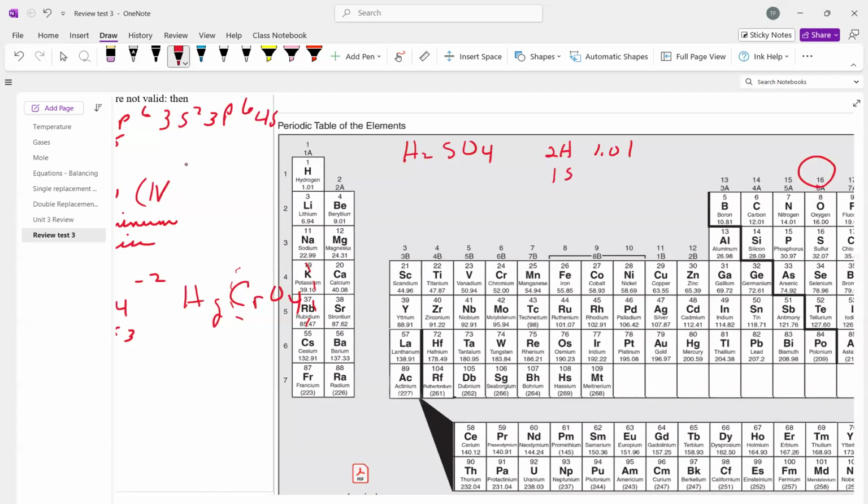Sulfur is 32.07. 4 oxygens at 16 apiece.